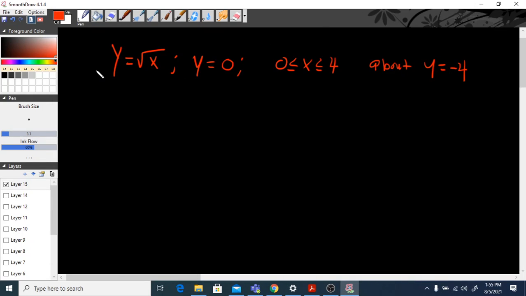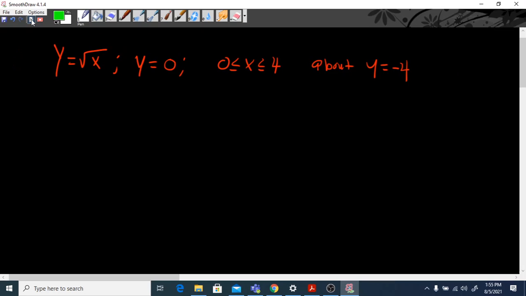Hello everybody and welcome. We've got some more volume problems here. We are going to be rotating about y equals -4. We have the square root of x, where x goes from 0 to 4. So we are talking about something like that.